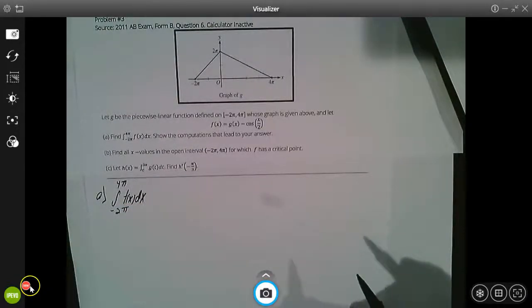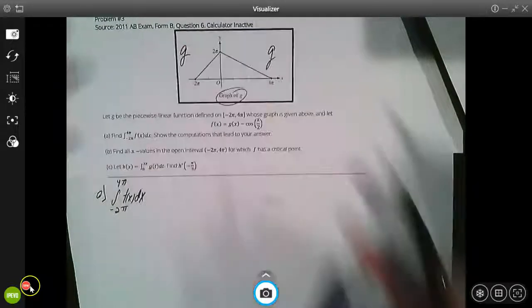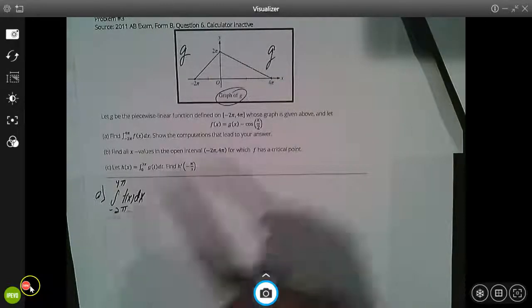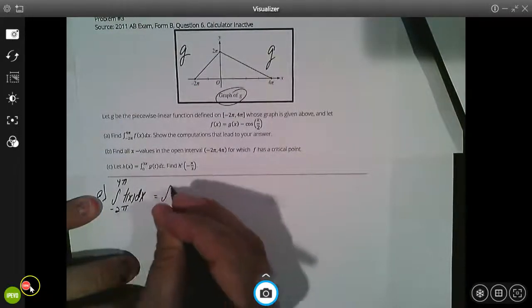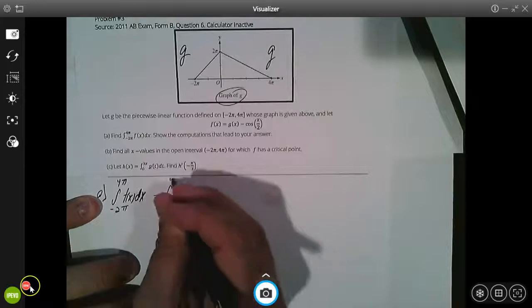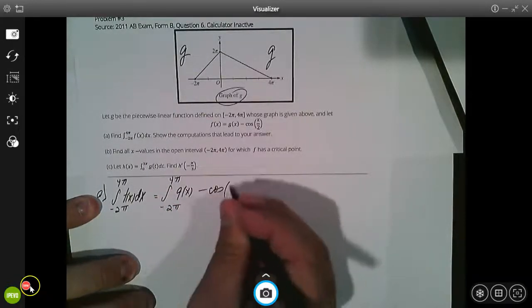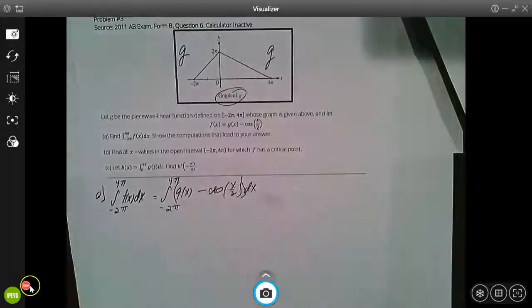This is where we're going to have to be careful. What you have is the graph of g. And for those of you that are ready to start having conversations about area, well, that's great, but you don't have the graph of f, you have the graph of g. What do we know? We know that f is actually g of x minus the cosine of x over 2, and that's what I'm trying to integrate.